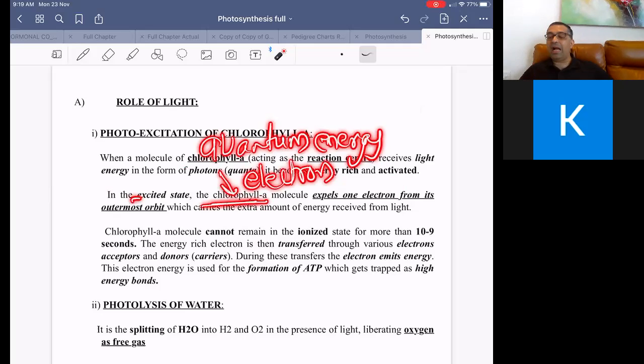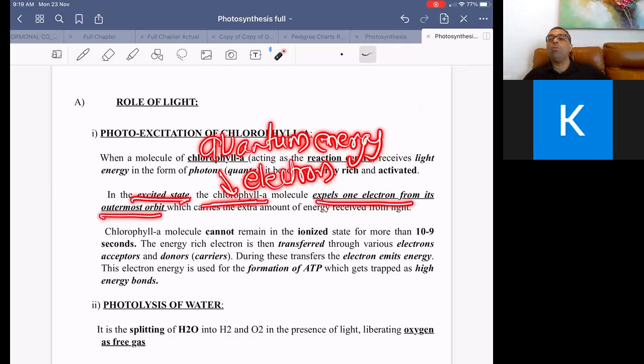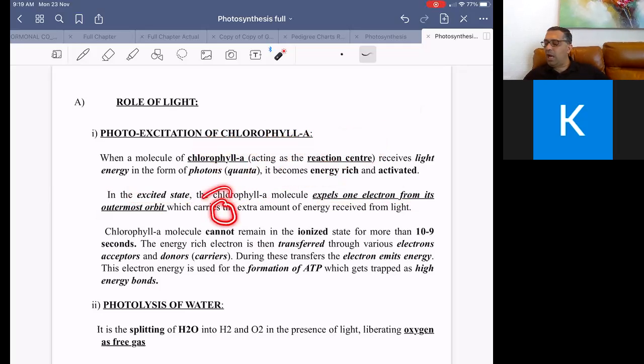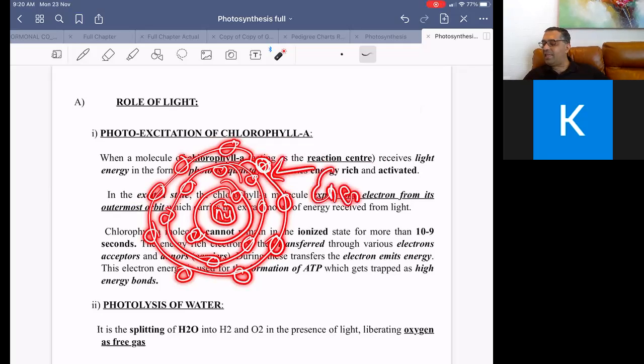The electron becomes excited with energy and this electron expels from its outermost orbit. तो समझो ये है क्लोरोफिल ए मॉलिक्यूल, उसका न्यूक्लियस है और ये हैं ऑर्बिट्स. ऑर्बिट्स में इलेक्ट्रॉन्स हैं, और उसमें सो आउटरमोस्ट ऑर्बिट है. आउटरमोस्ट ऑर्बिट का एक इलेक्ट्रॉन एनर्जी के साथ एक्साइट होके जंप करता है.